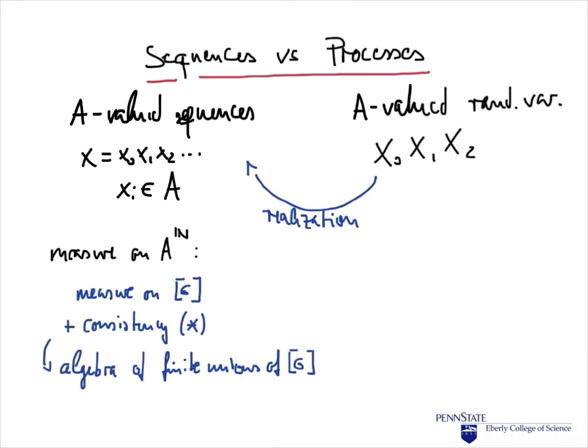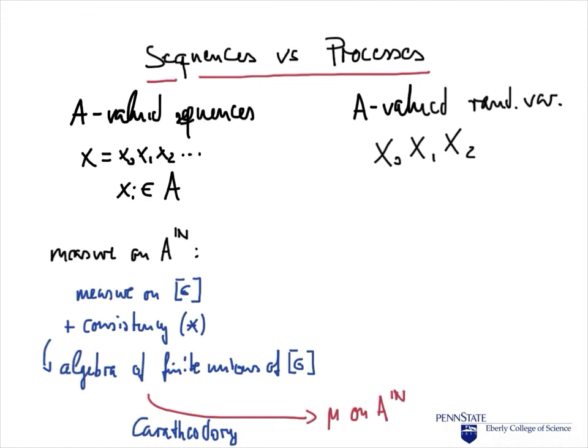And then we use the Carathéodory extension theorem to obtain a measure mu on A to the N. So here, that was the Carathéodory extension theorem.